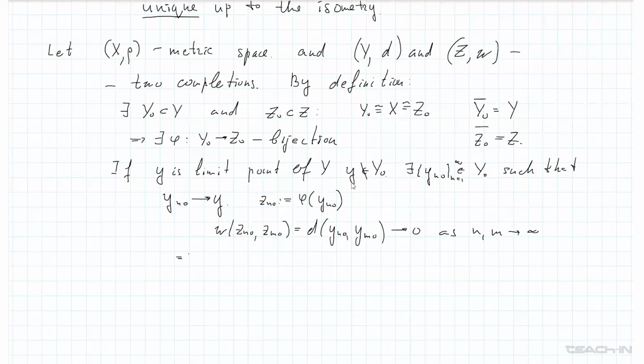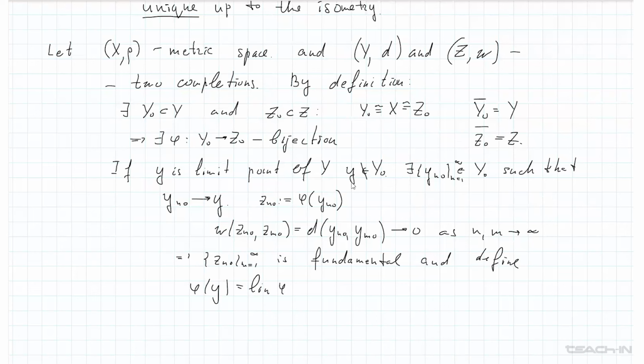So we obtain immediately that phi(y_n) is fundamental, and define phi of y as the limit of phi(y_n). It is fundamental and Z is a complete space, yes?